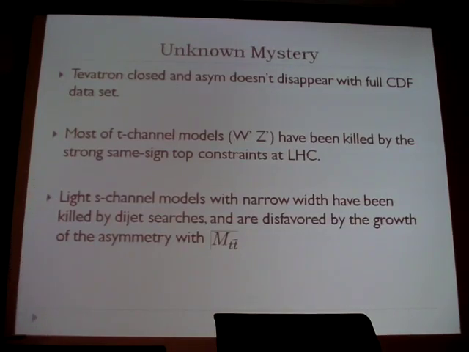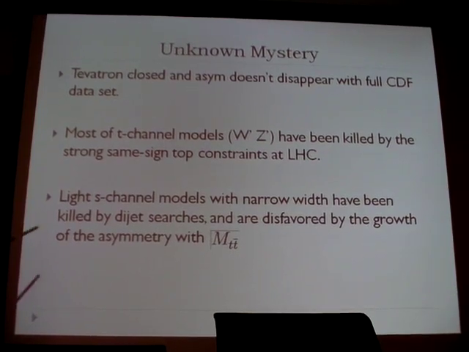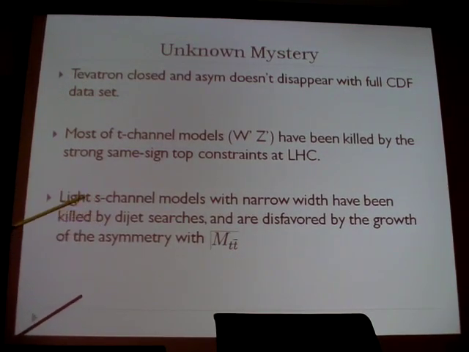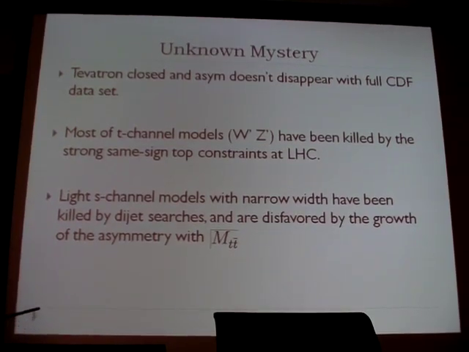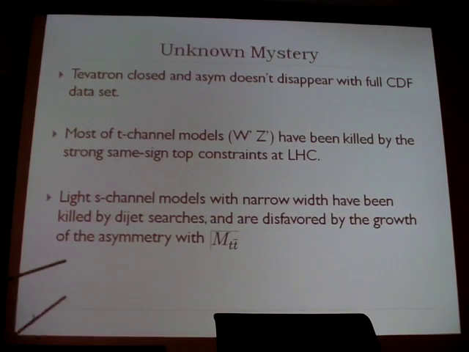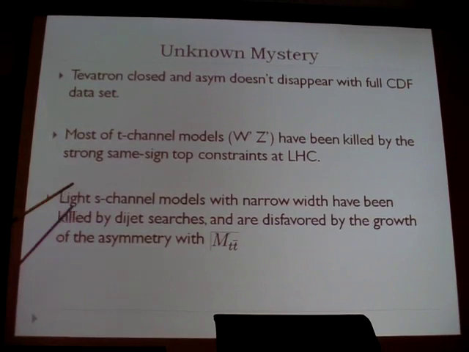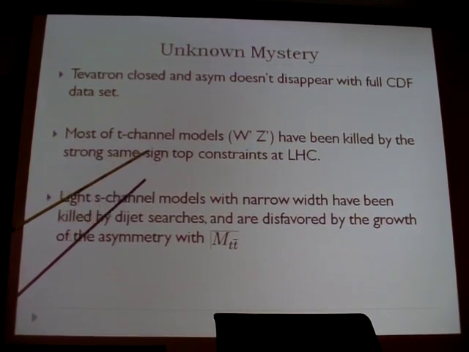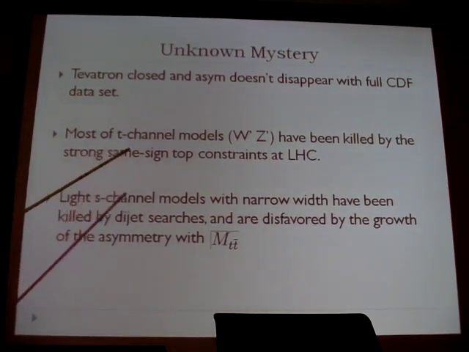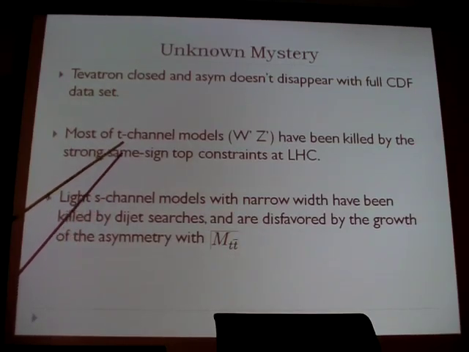Since the Tevatron has been shut down, and this asymmetry is already with the full data set, we know this asymmetry won't disappear in the future. Also, there are many other models trying to explain this asymmetry, but most of the models with a T-channel mediating particle have been killed by the constraints from the LHC data.